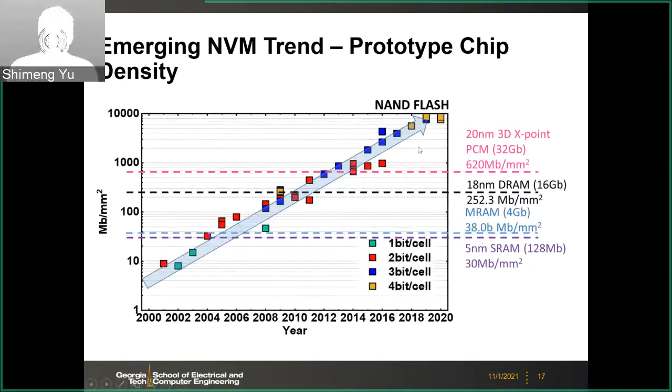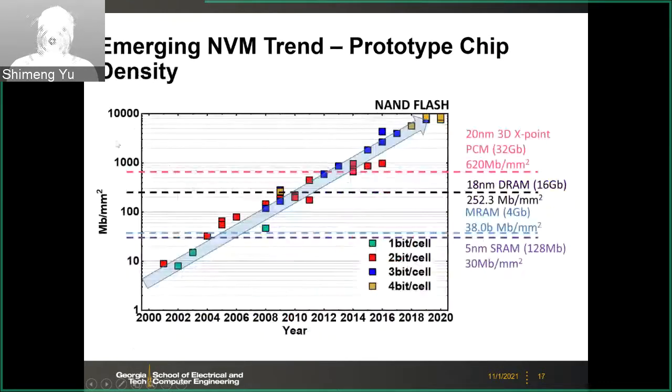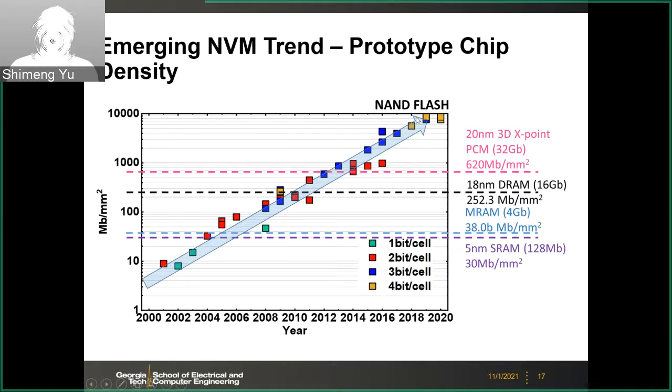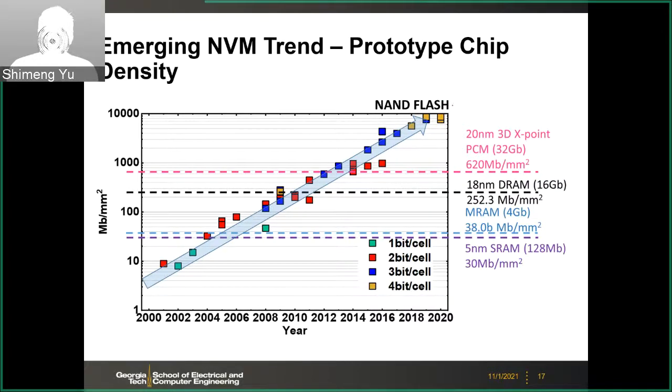And then from the density point of view, so this is just the capacity, the total number of bits on the chip. But if you normalize the number of bits to the area of the chip, let's say megabit per millimeter square, the NAND flash, as we discussed before, is getting close to 10 gigabits per millimeter square because of the 3D, because of the PLC, QLC, right?